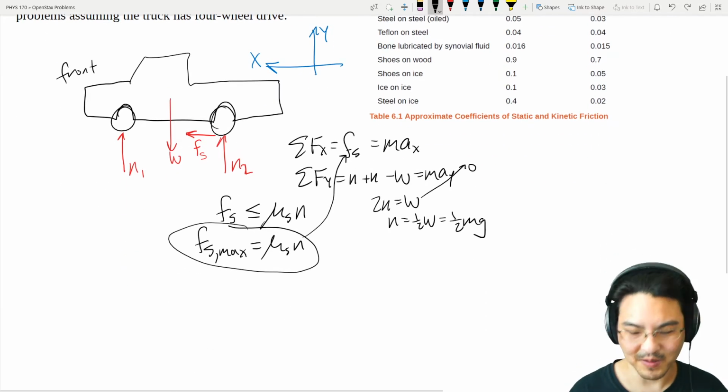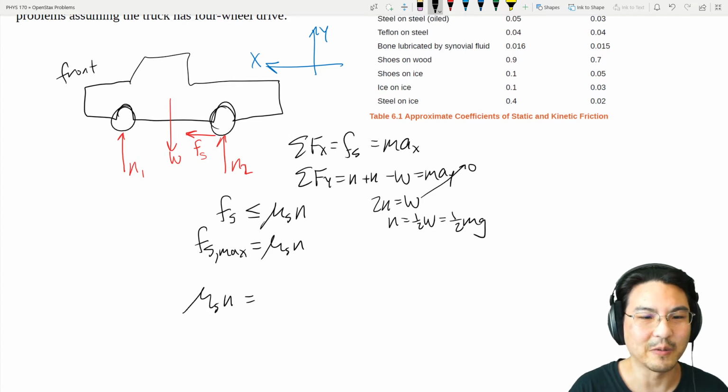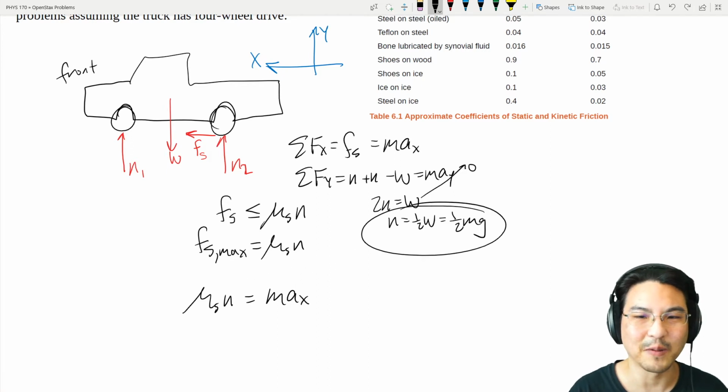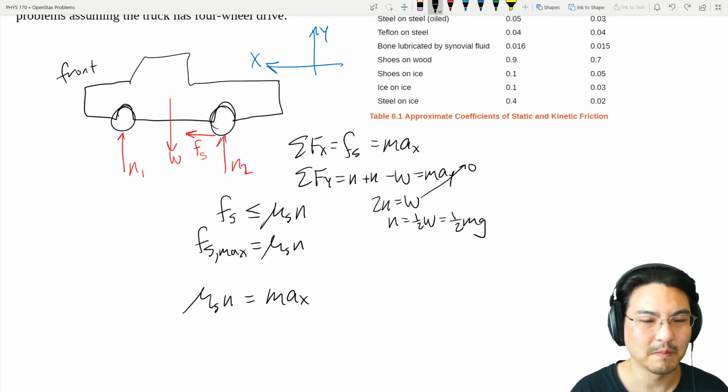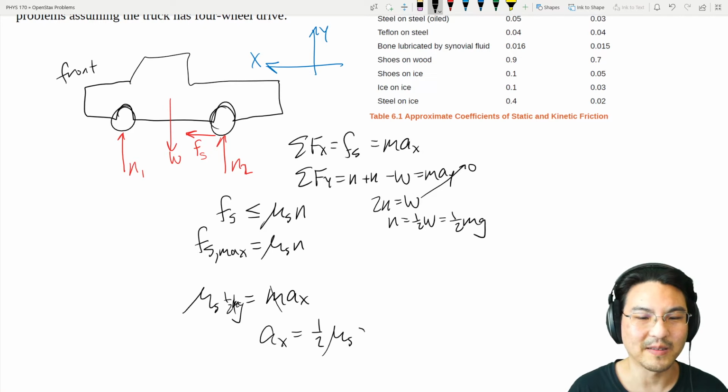So let's substitute everything. At most, mu s N equals m a max. N is half of the weight, so I'll put it right here. Half of the weight. Then the mass is non-zero, so the acceleration is 1/2 mu s times g. There we go.